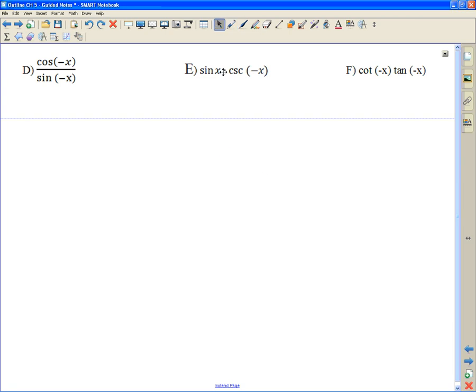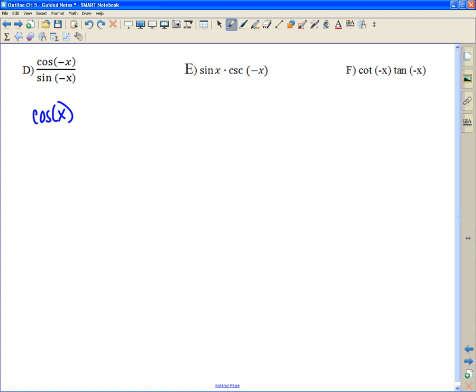Looks like we're getting into a variety of even and odd functions. The reason I can tell this is because I see all of these negative values inside parentheses. As soon as I see those negative values, I think even odd. That's exactly what you should think. So, looking here, we know that the cosine of negative x should turn into the cosine of x.